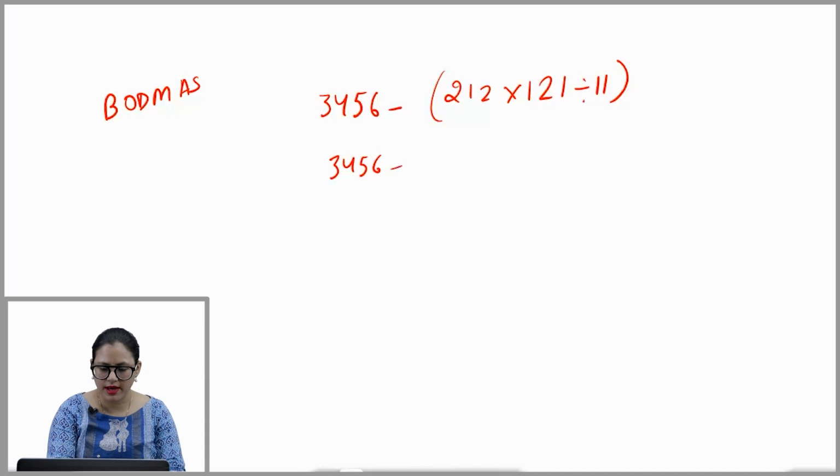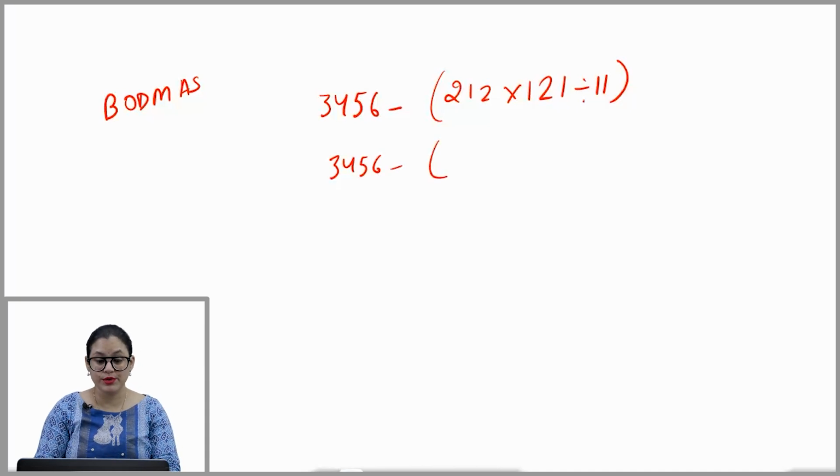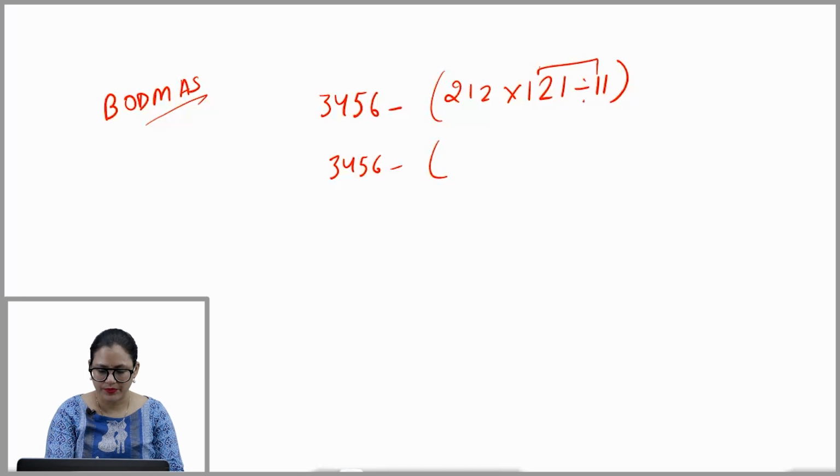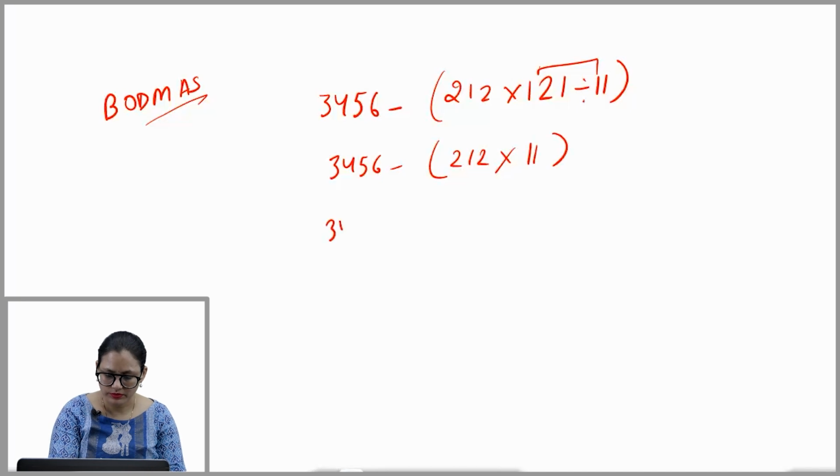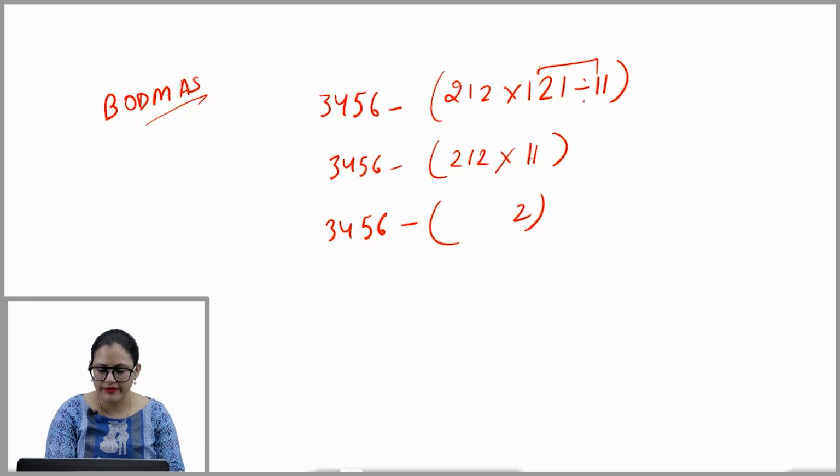3456 minus as it is, and in the bracket also we will follow this rule, BODMAS. So first we will divide: 121 divided by 11 is 11. Now multiply 212 by 11. 11 twos are 22, 1 carry, 11 ones are 11 plus 1 is 12, 1 carry, 11 twos are 22 plus 1 is 23.